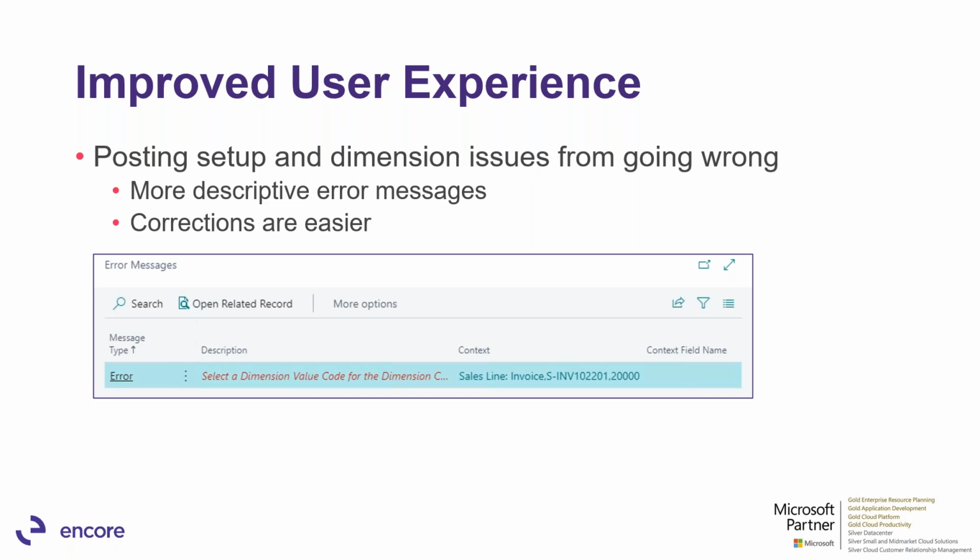So Microsoft has improved the messages, and they're actually making it easier for you to correct what the error is right within the message itself, which can be a faster, more effective process. There's always the ability to go back to the document and edit it in the normal fashion, but the ability to make the adjustment correction within the error message itself is a pretty decent improvement in my opinion.